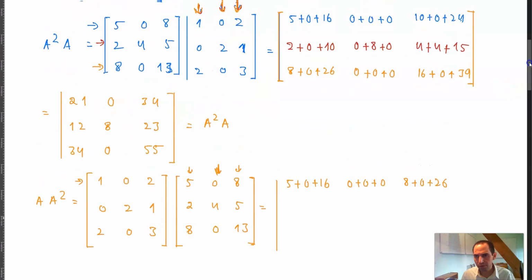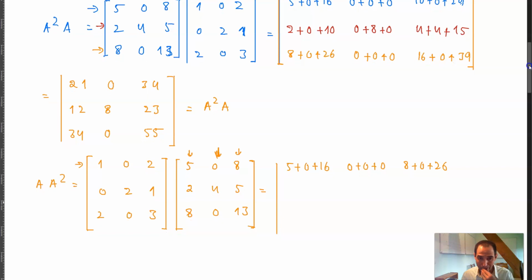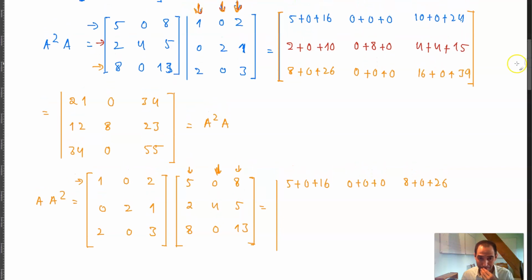Seems that it's different. No, they're not actually different. It's 10 plus 24 is equal to 34, and that is again 34.